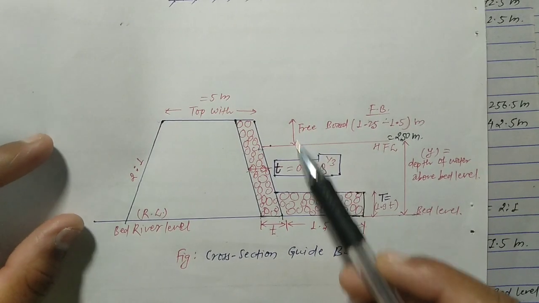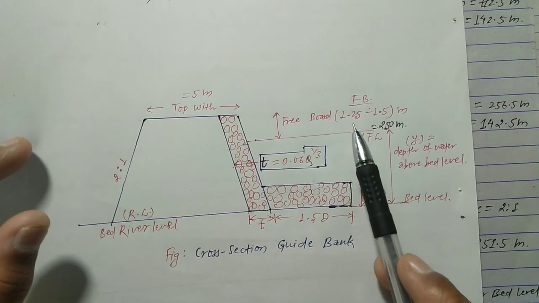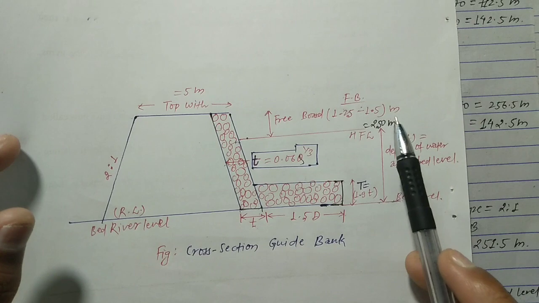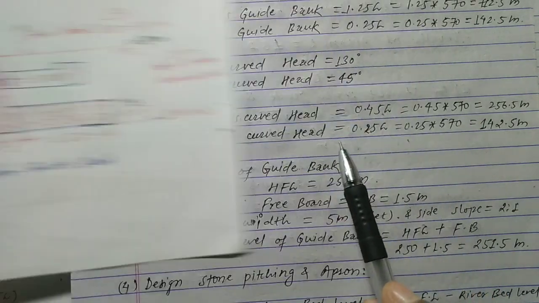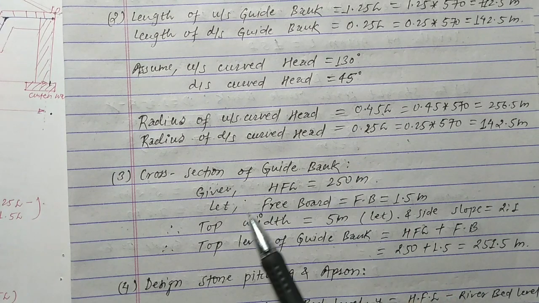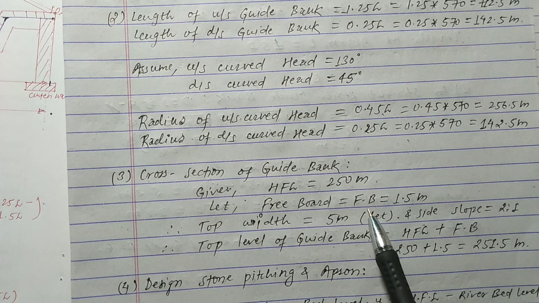This is the freeboard. We have to provide freeboard between 1.25 to 1.5 meter, as we already discussed in the design criteria. Okay, so the freeboard is taken here as 1.5 meter. Okay, and top width equal to 5 meter, as we discussed in the design criteria.